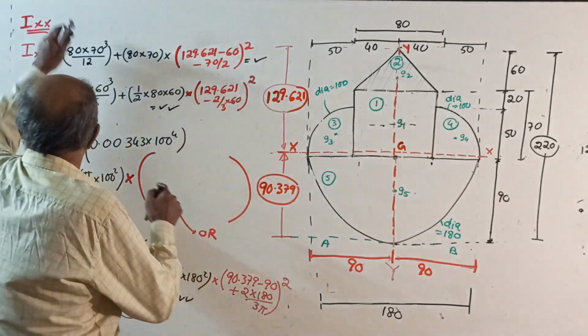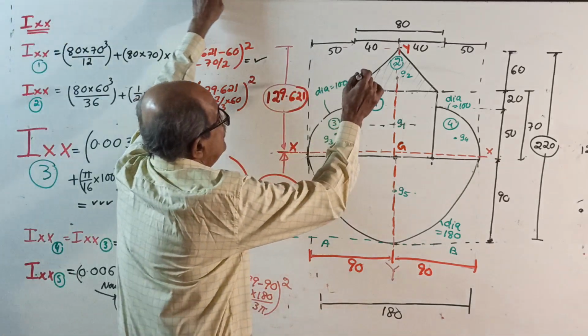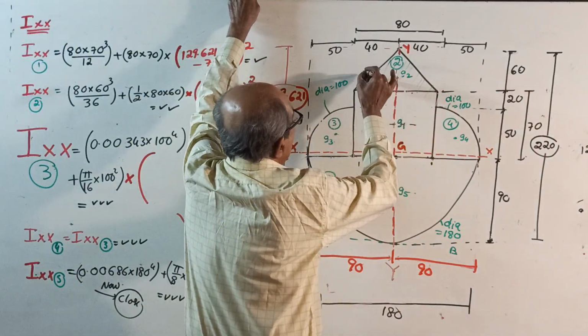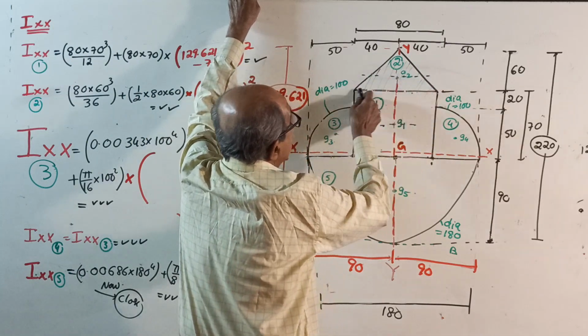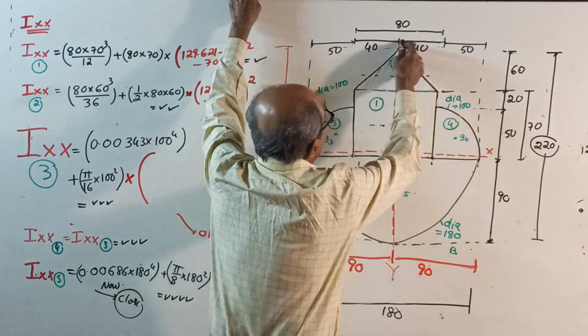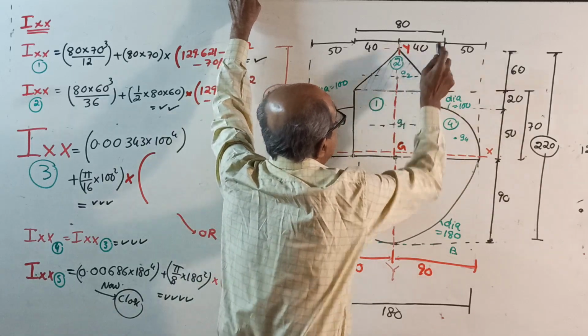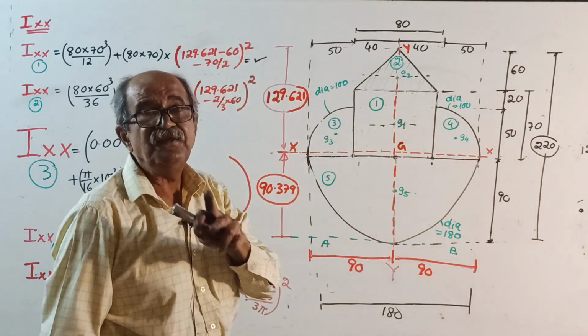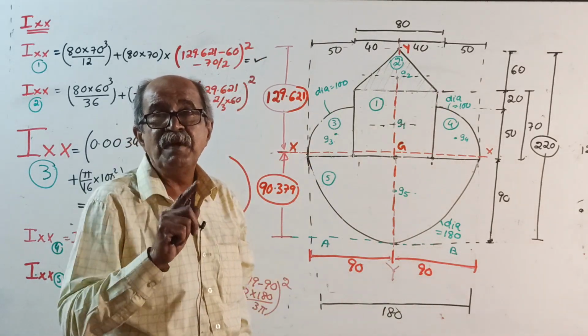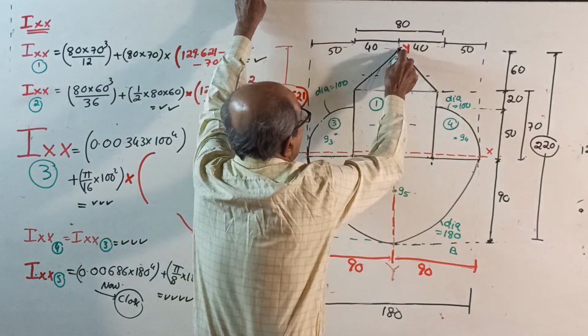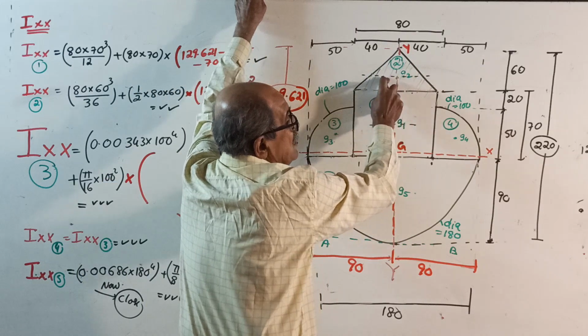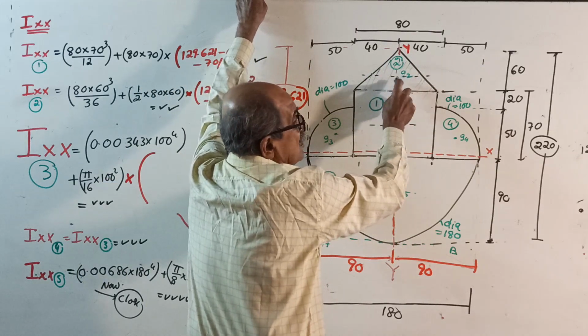Okay. IXX for 2. This is isosceles triangle. See, I about its own centroidal axis, this is in between, parallel to the base, 80 into 60 cube by 36. Later remember, I won't tell once again, when you want its own YY, it is dividing into 2 equal parts.